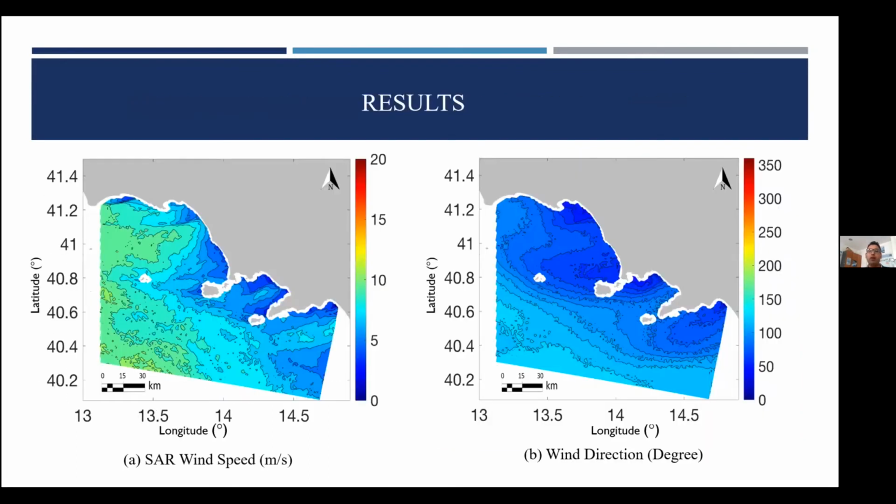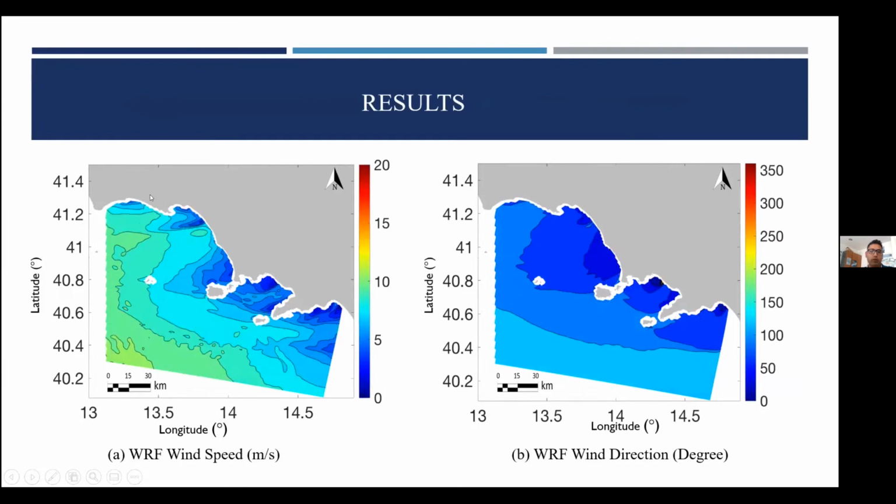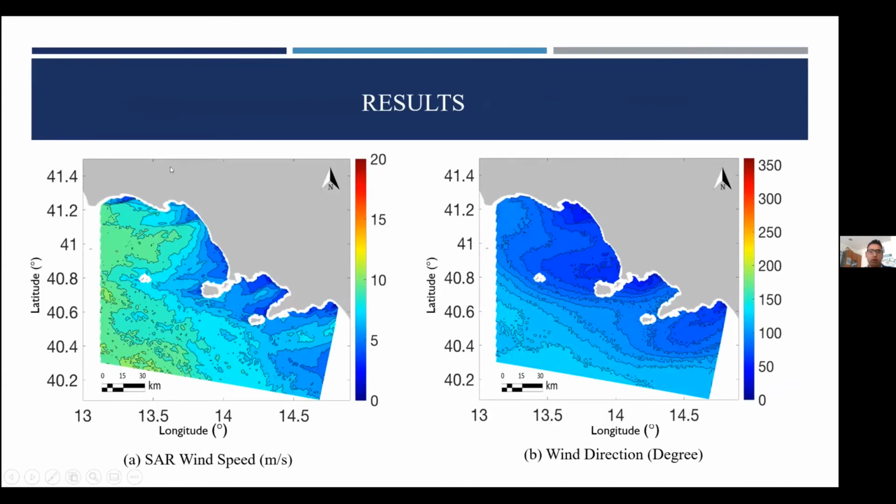Here are some results. As a showcase, we show a SAR wind field and wind direction, in which we can see on the left side the SAR wind field.